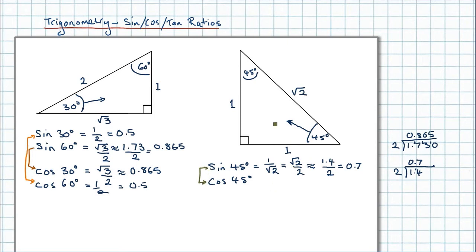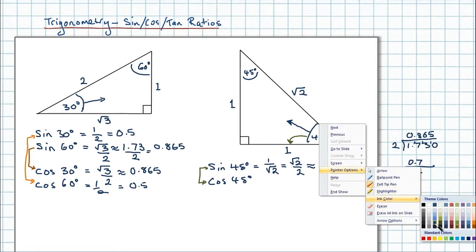Now, why is that? Well, if we think of, again, this angle here, the opposite is 1, the adjacent is also 1. Okay, so the adjacent side down here is also 1. And if it's the adjacent over the hypotenuse, it's always over the hypotenuse with both the sine and the cosine, then it must be exactly the same.